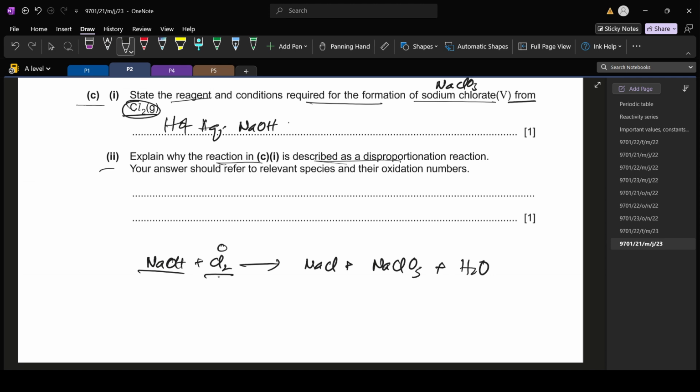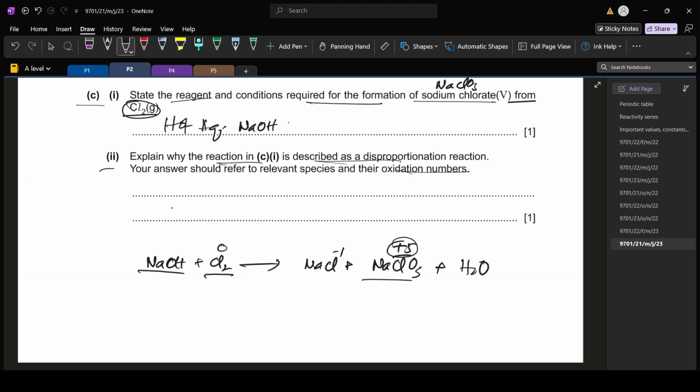The oxidation state of chlorine here is 0, and in sodium chloride it has an oxidation state of -1, so it is reduced. In sodium chlorate(V), this chlorine has an oxidation state of +5, so here it is oxidized. If a species is oxidized and reduced, the reaction is called a disproportionation reaction. Your answer should refer to relevant species and their oxidation states.